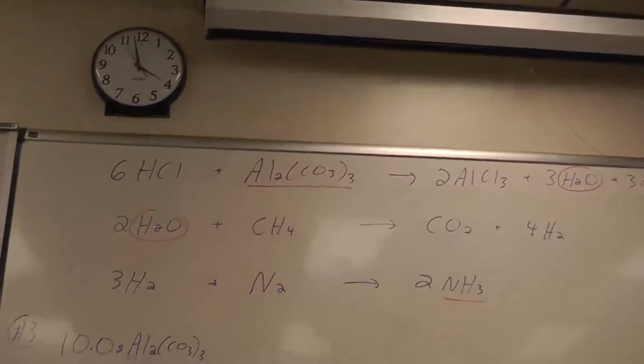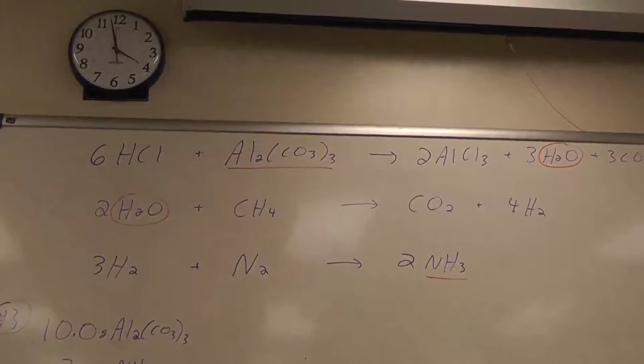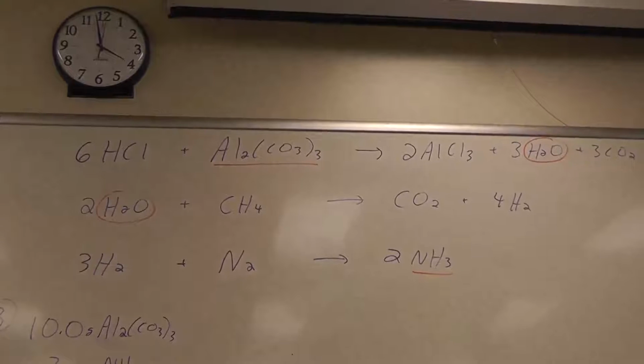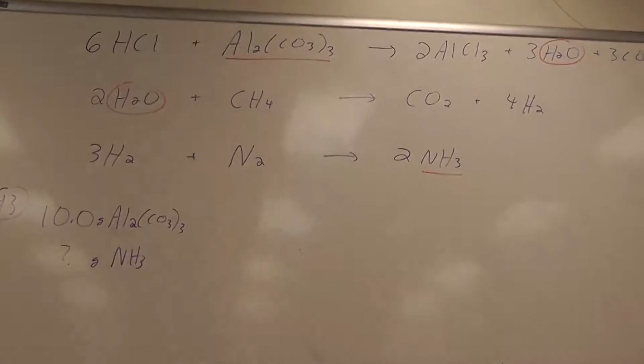Water, water, correct? So what that's telling you is that the water that's formed in reaction number 1 goes on to react in reaction number 2. It's not just formed and sits there, it goes on to react again. So that's the common link between reaction 1 and reaction 2. The water that's formed in the first is consumed in the second.